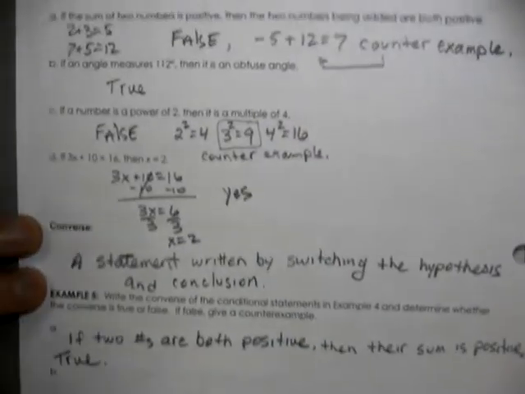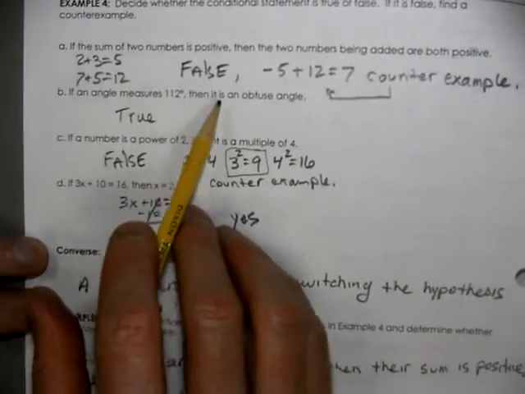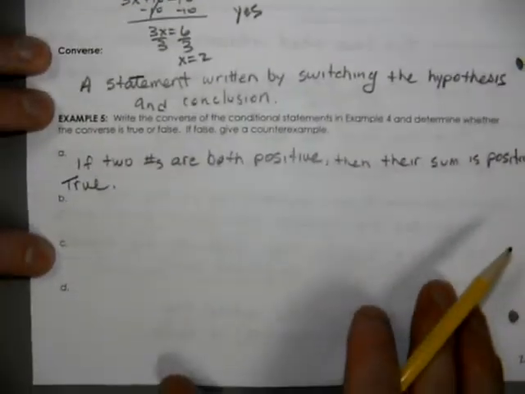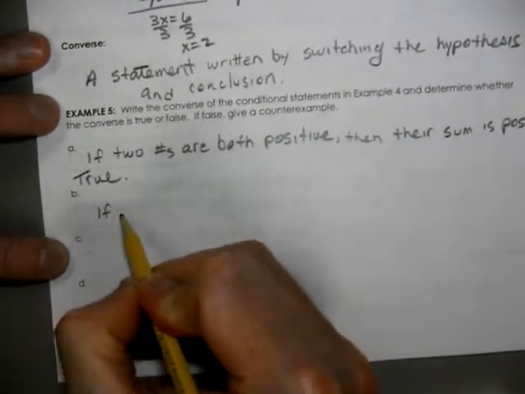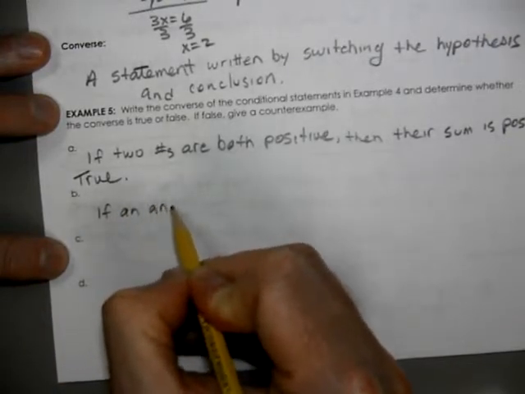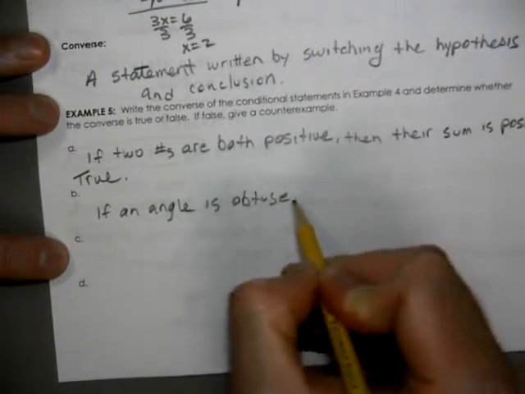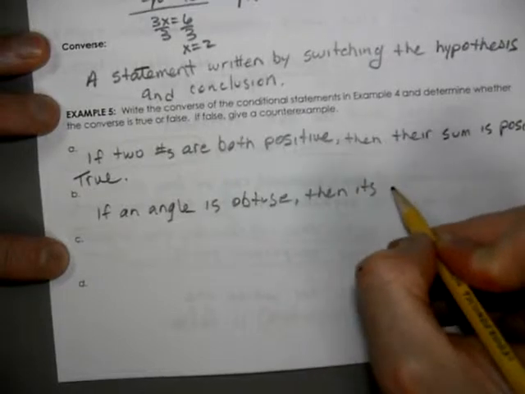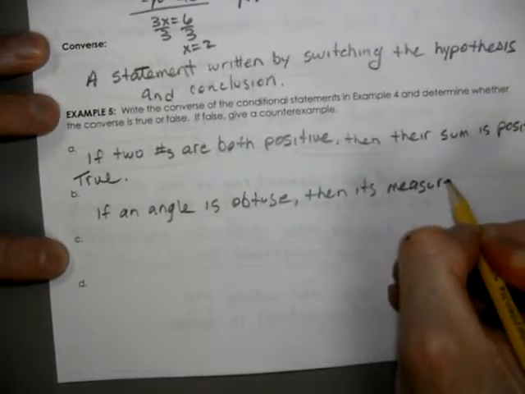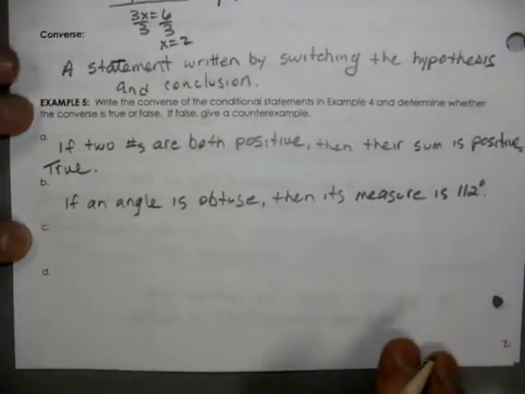Part B. Up top we said, if an angle measures 112 degrees, then it is an obtuse angle. So our converse is going to be to switch the obtuse with the 112. If an angle is obtuse, then its measure is 112.